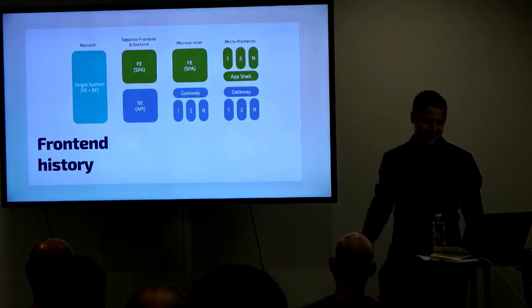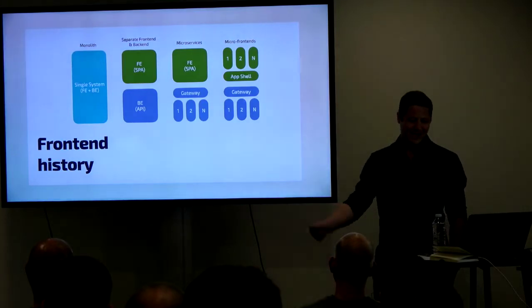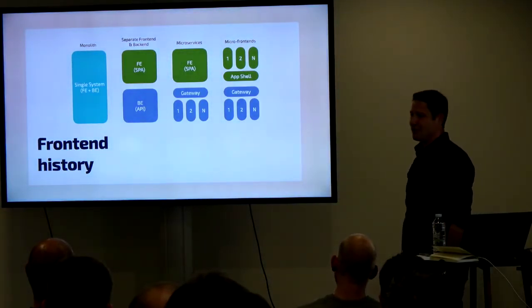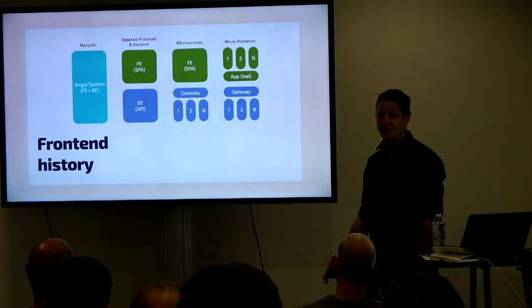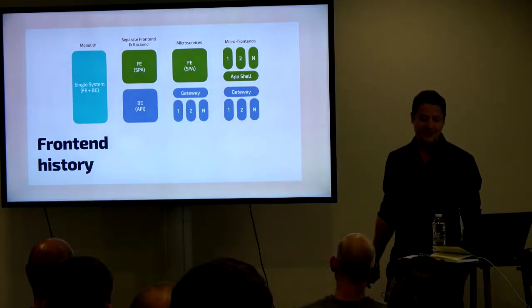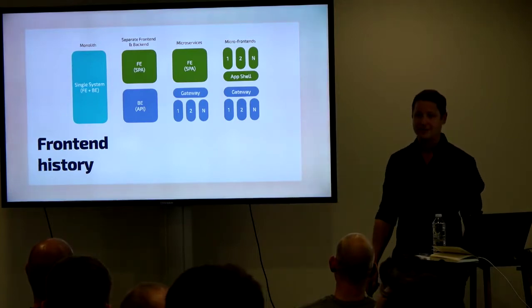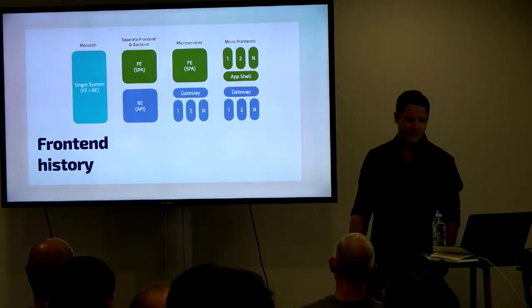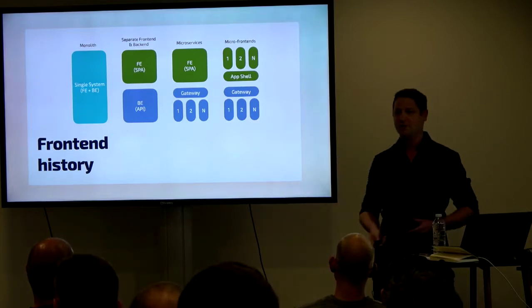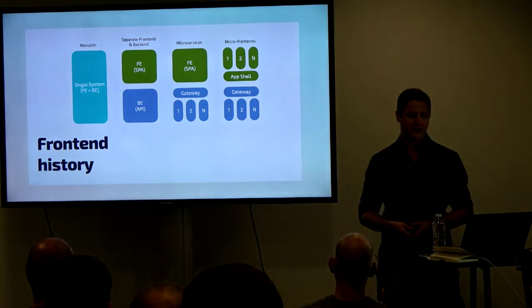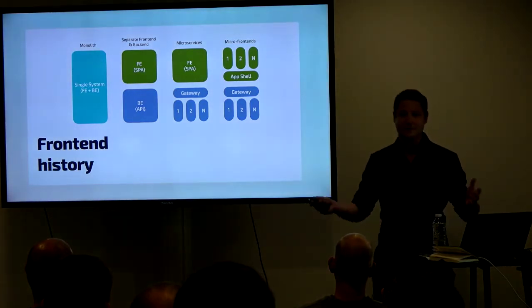Why change it? And here we are today, trying to do micro frontends. A lot of applications and enterprises have tried to do micro frontends. For example, Spotify. The Spotify app is a micro frontend. It's been created with iframes and split out.